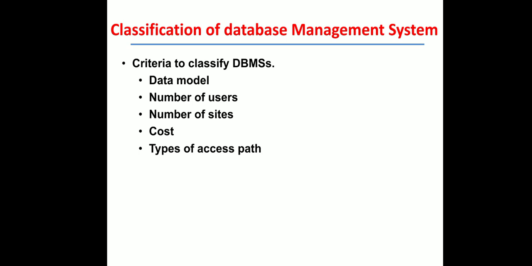Like access path options for storing files, we use different accessing methods, parallel access, serial access. How we are going to access the database is also important. Based on these we classify the database management system.